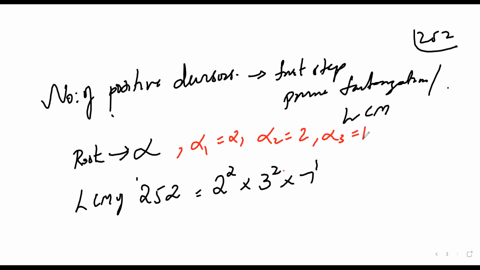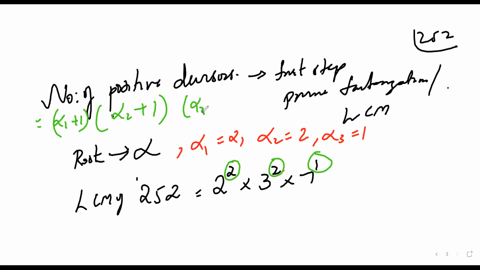To find the number of positive divisors, there is a simple formula: alpha 1 plus 1, into alpha 2 plus 1, into alpha 3 plus 1.